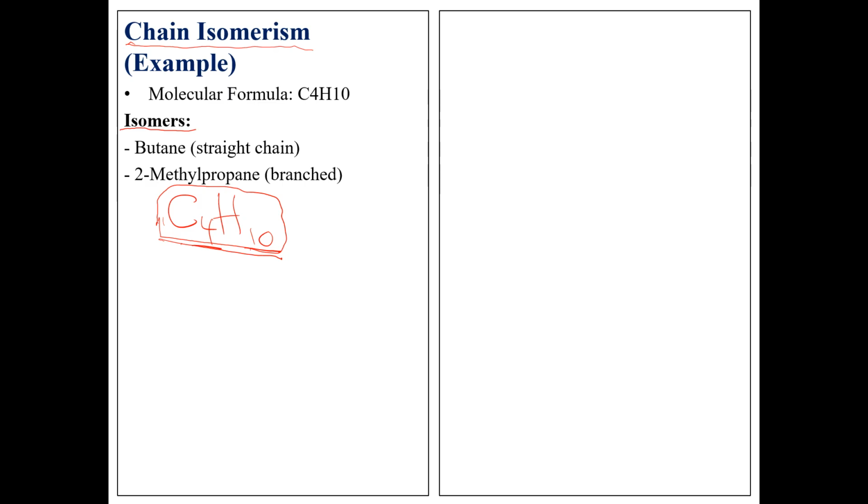But when we see 4 carbon atoms and 10 hydrogen atoms, we automatically see that this one belongs to this group, CnH2n+2, where n is 4. 2 times 4 is 8, plus 2, 10.